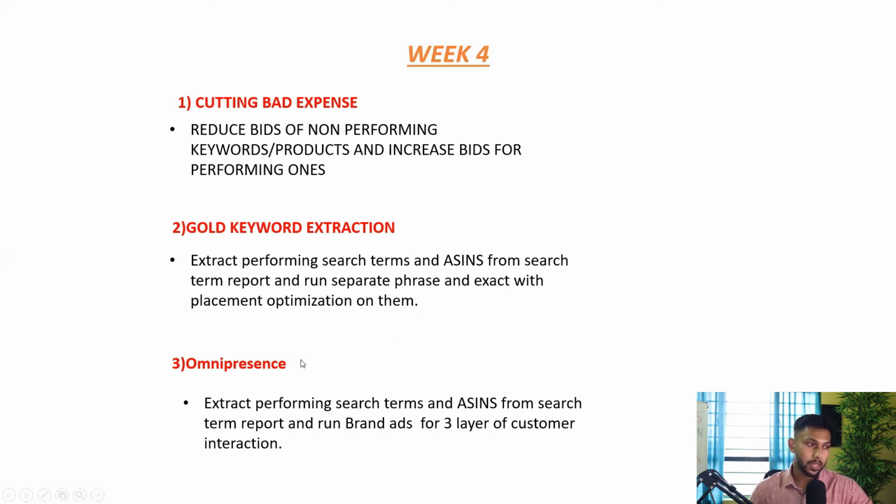The same search terms that we use in the second step, we are also going to use in our third step. So this is the step that you have to perform in week 4 in order to optimize and scale your campaigns. Now I'll see you in the next session.